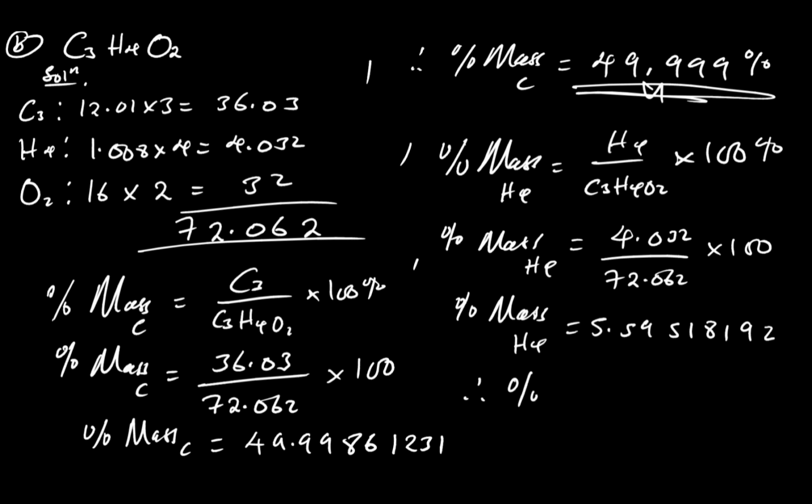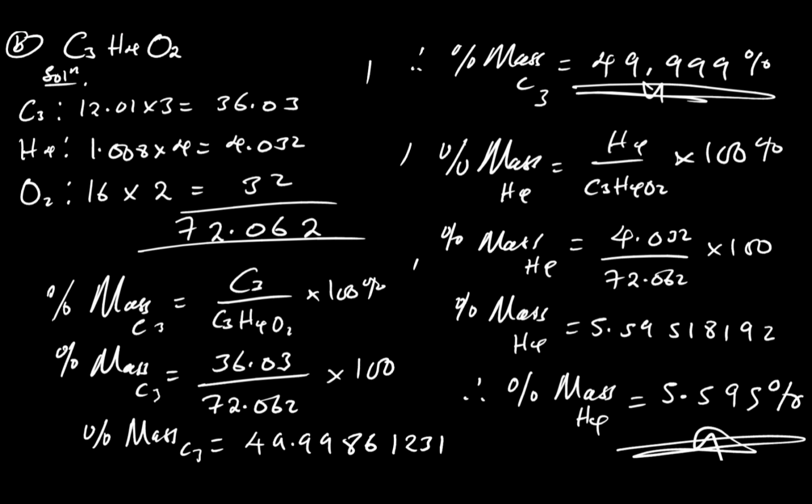Therefore, to 3 decimal places, the percentage by mass of hydrogen will be 5.595%.